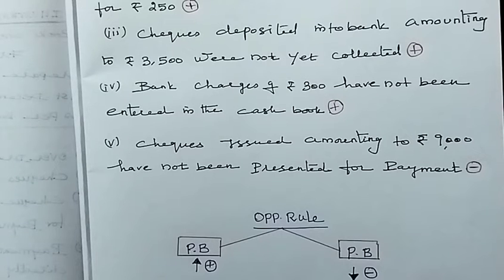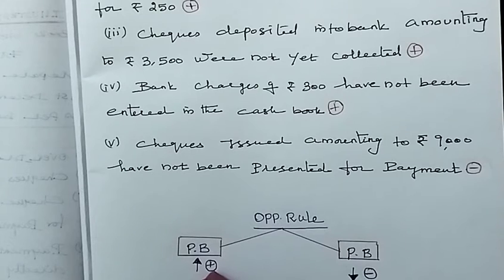Your passbook is decreased because of the check not being collected. Now we are using the opposite rule: as per the opposite rule, your passbook is to be added, then only BRS shows the same balance on both cash book and passbook.